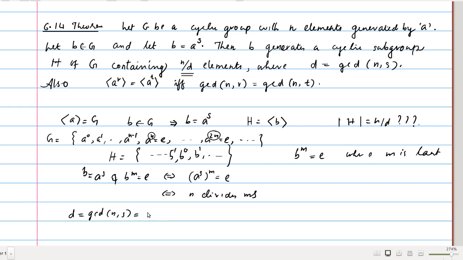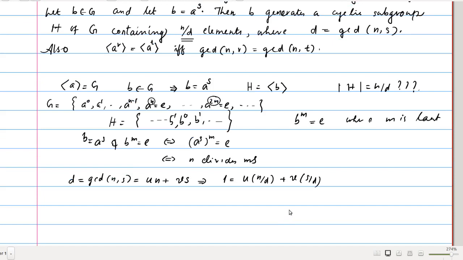Then you can easily get two integers u and v such that d can be written as un plus vs. Since d divides both n and s, from this, you can write 1 is equal to u into n by d plus v into s by d, because d divides both n and s. So you divide throughout this equation by d, then 1 can be written in this form.